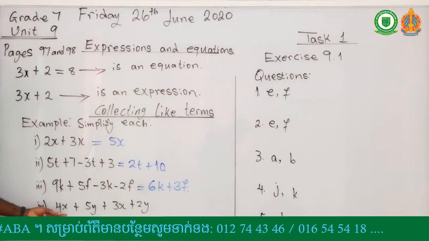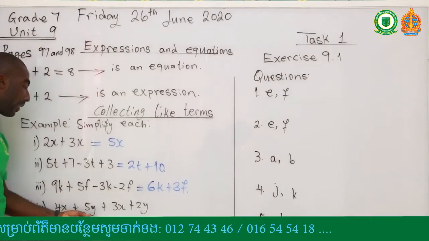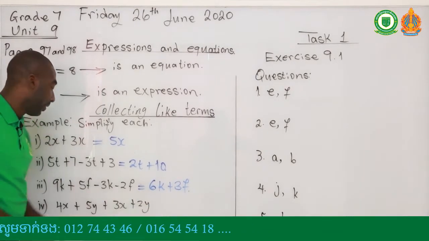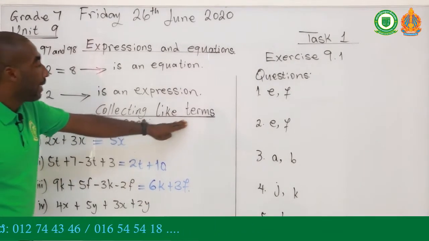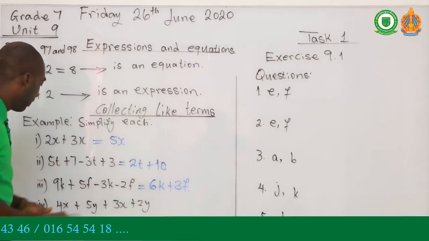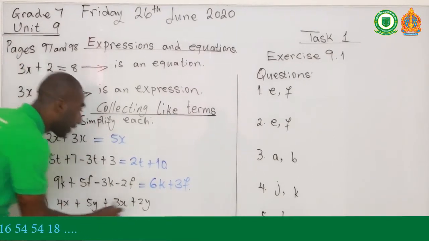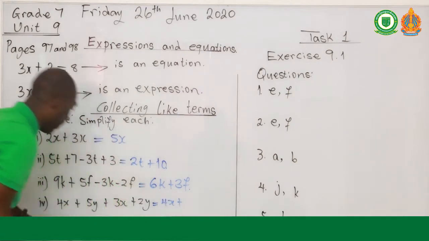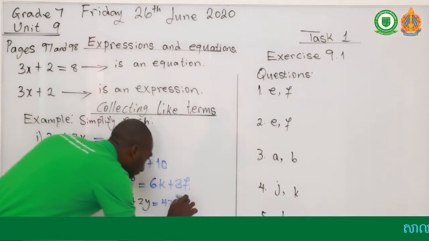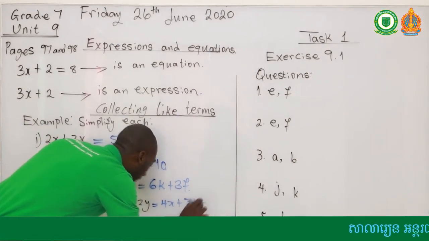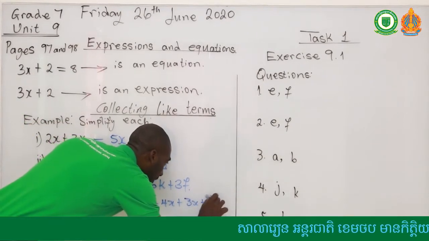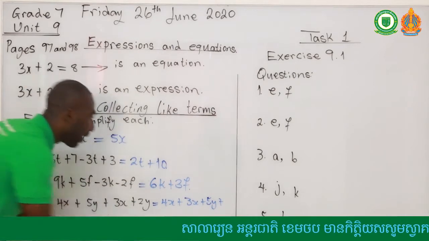We have 4x plus 5y plus 3x plus 2y. So we are doing like terms, which means we have to group the like terms. So we have 4x, so this is equal to 4x plus 3x plus 5y plus 2y.